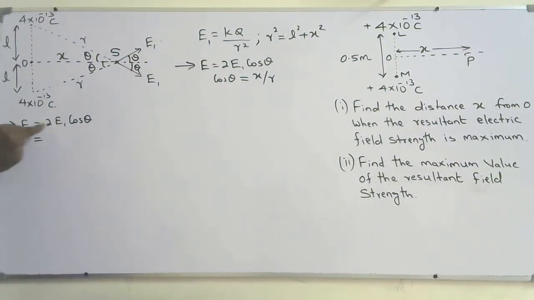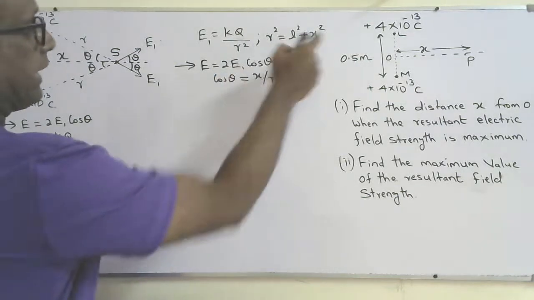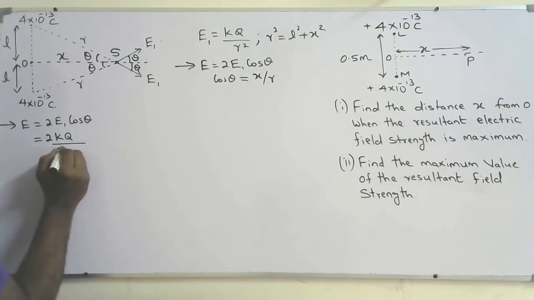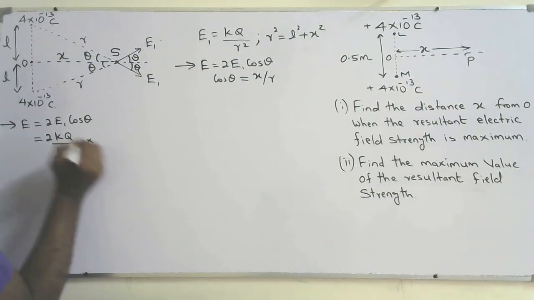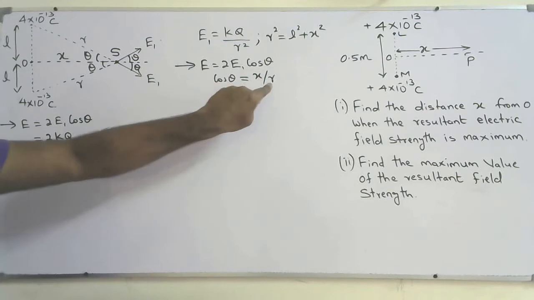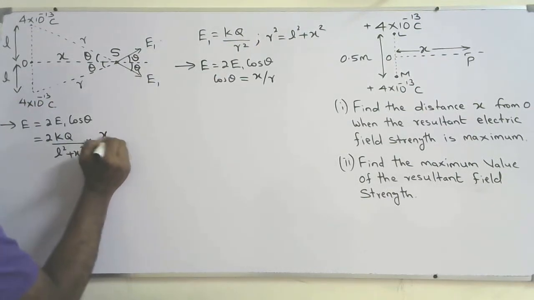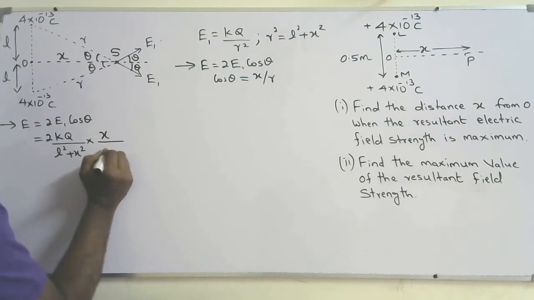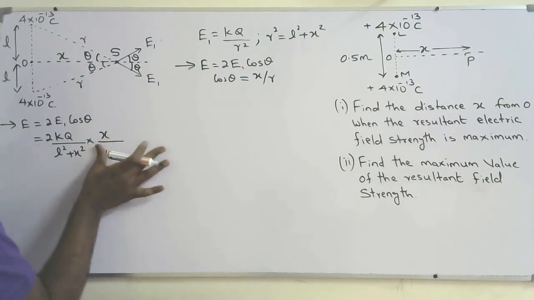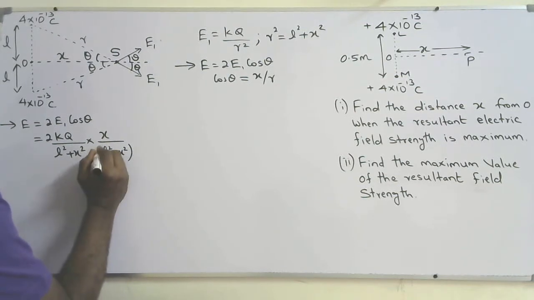So E equals 2E1 cos theta. Instead of E1 I can say KQ over R squared, and instead of R squared I put L squared plus x squared, times cos theta, which is x over R. Instead of R I should take the square root, so that's x over L squared plus x squared to the power of half.